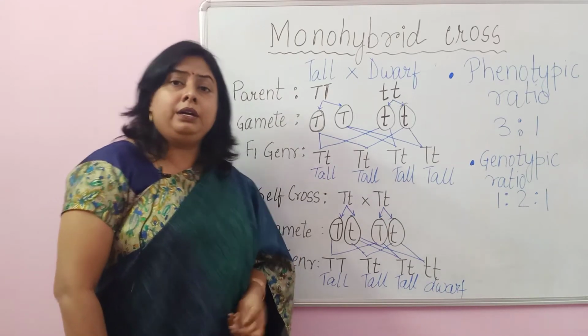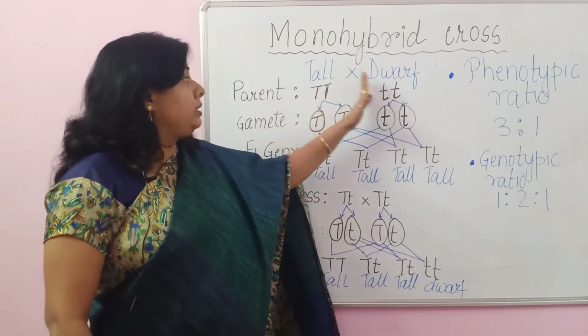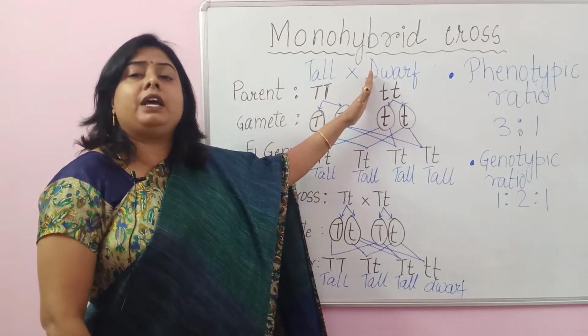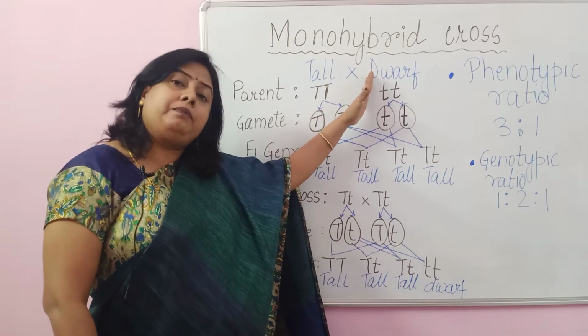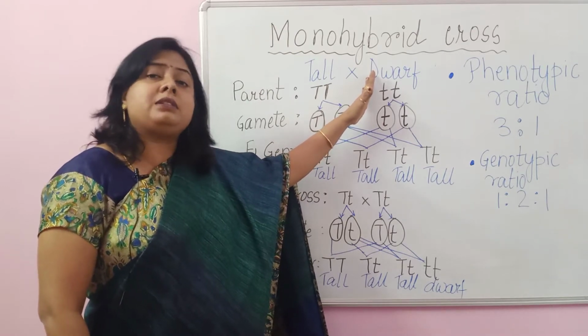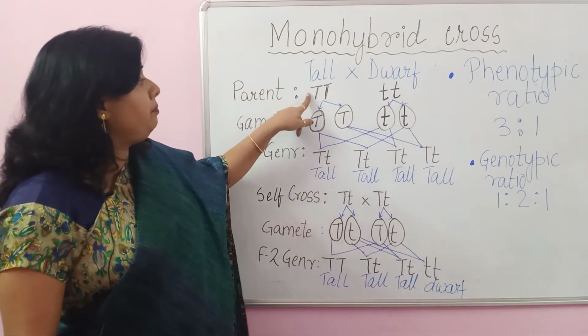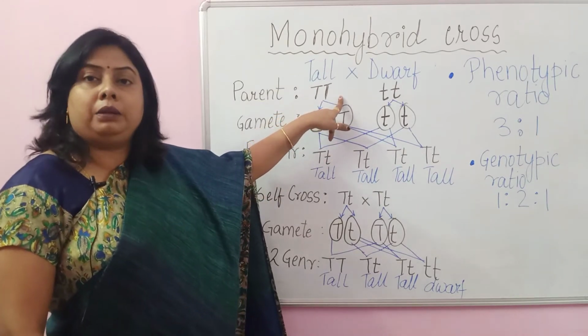So, he said these alleles are present in pairs and they control the character. When gametes are formed, each gamete receives only one of the alleles.